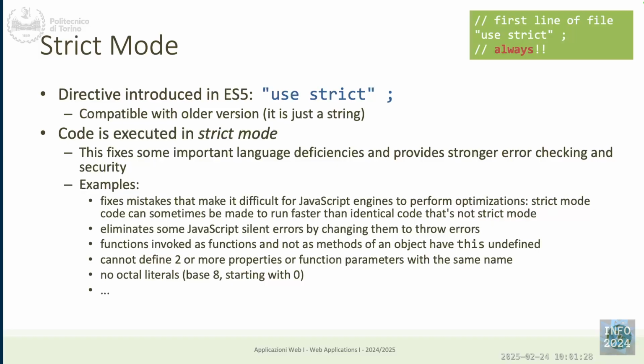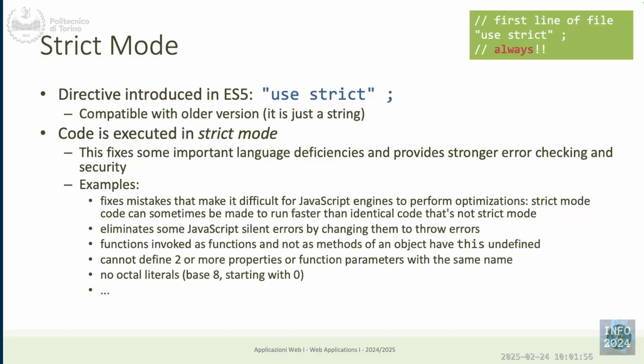The first way is to write "use strict" with a semicolon in the first line of my program. Syntactically, it's just a string that is evaluated and thrown away, because I'm not printing it or storing it into a variable. But it will trigger the interpreter to switch to strict mode.